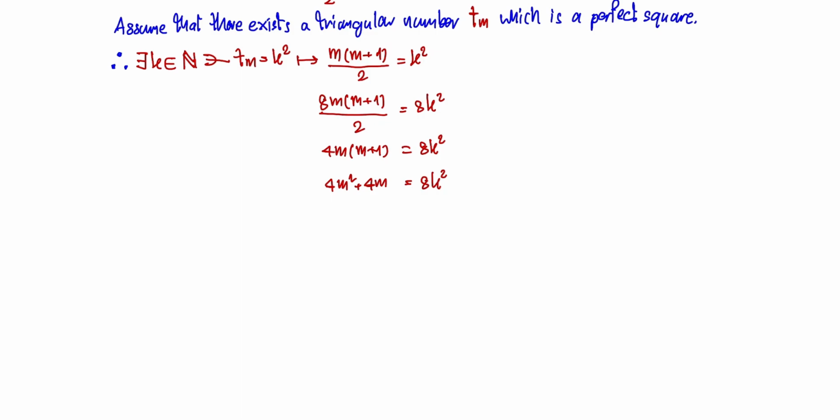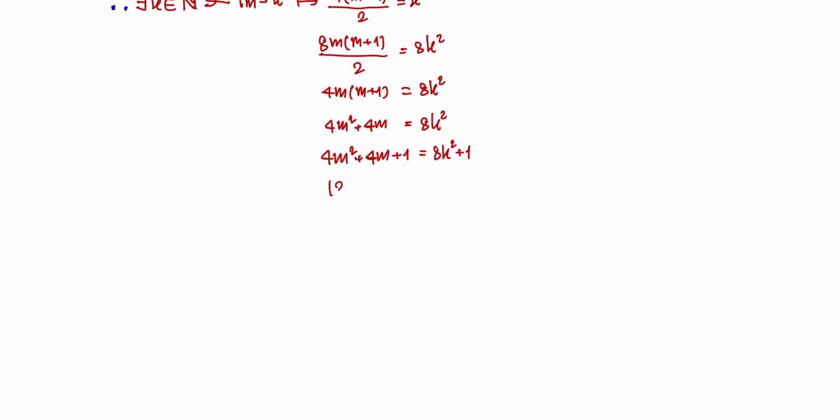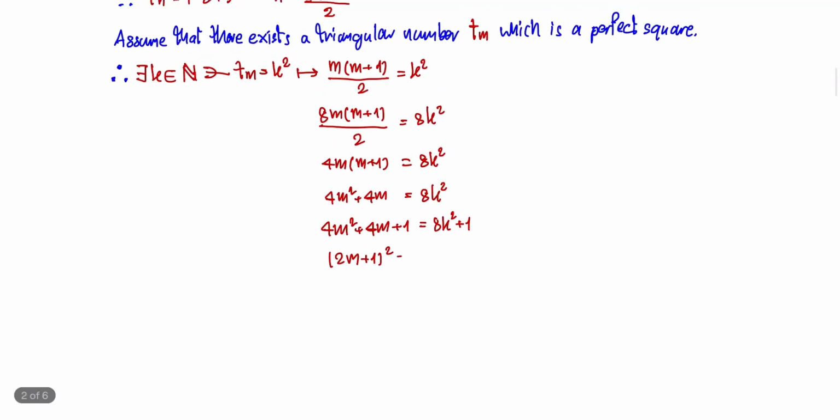I add one to both sides so that the left hand side becomes a complete square, right? Then it turns out to be (2m plus 1) squared equals 8k squared plus 1.